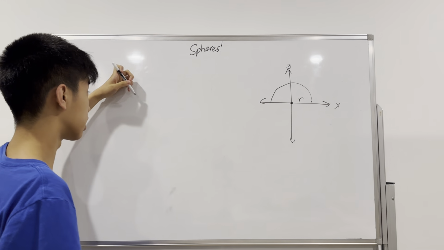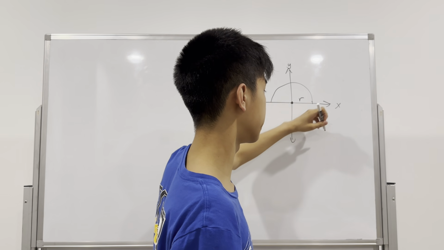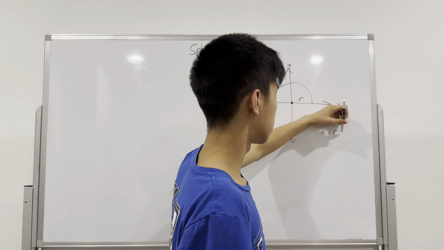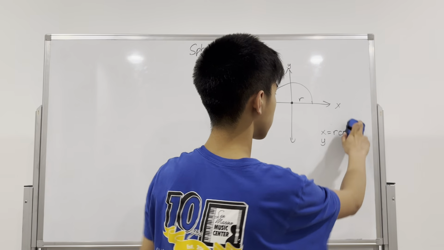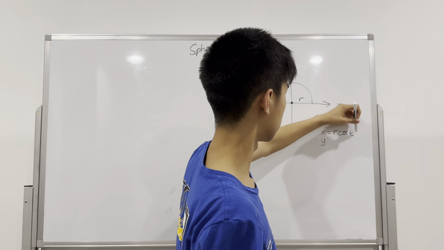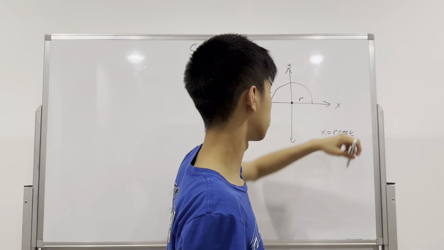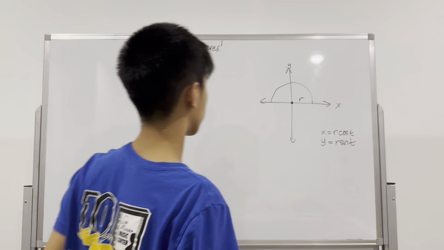To find the arc length, we can write this in terms of parametric equations. So we could start off with saying that x is equal to r cosine t, and y is equal to r sine t, since that is the parametric equation for a circle.